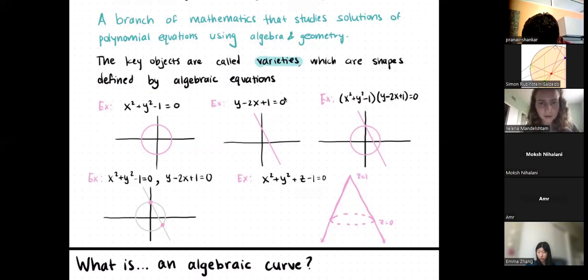You said if you have n polynomials, the maximum dimension is n minus 1. Well, yes. If you have one polynomial, you always will drop dimension. If you have more than one polynomial, you won't necessarily drop dimension for each polynomial. Pranav, I see you're still raising your hand.